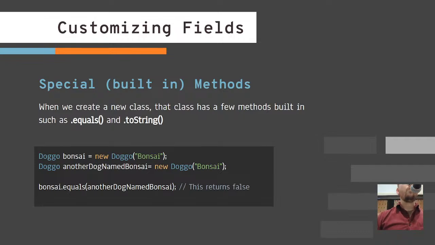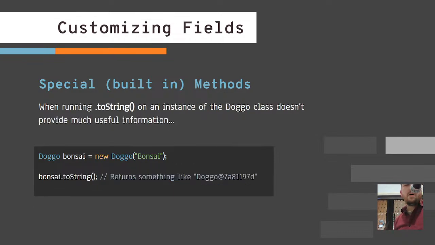And so why is that? If they're the exact same objects with the exact same values, why doesn't Java think that they're the same thing? Well, we can get an idea of why by calling bonsai.toString. It's going to give us the type of the class and then its location in memory. So bonsai, according to Java, is Doggo at 7A811970.